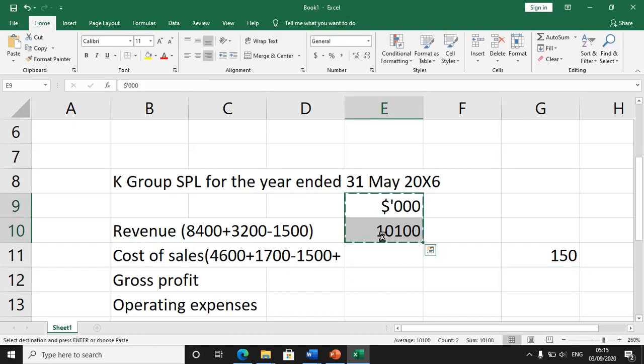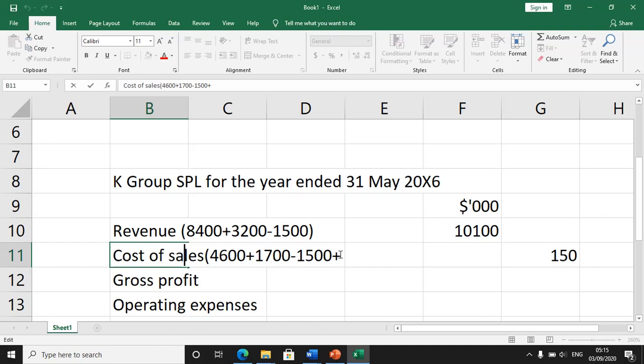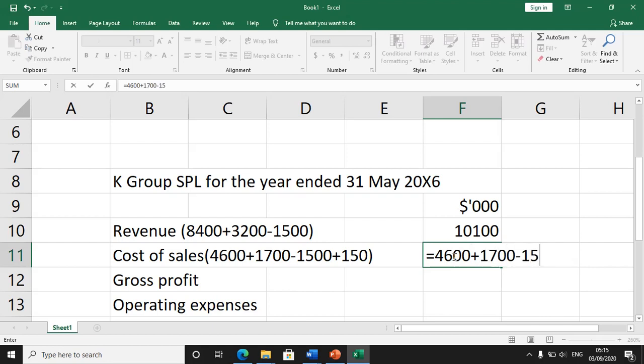That is in accordance with what we're supposed to do in group accounts. So I put that figure 150 there. Let me redo this in the formula: 46 plus 17 minus 15 plus 150.